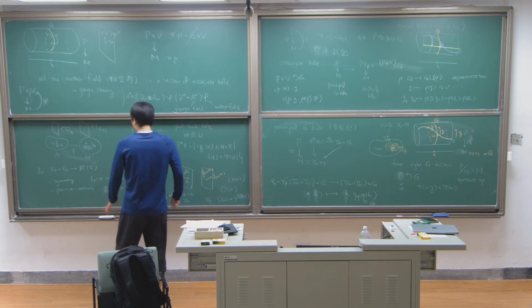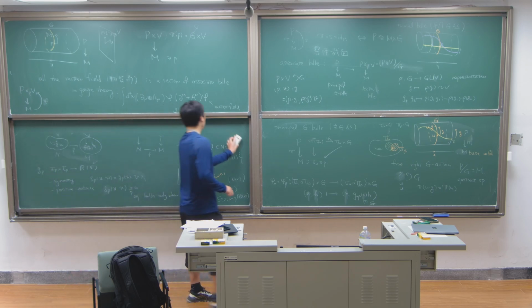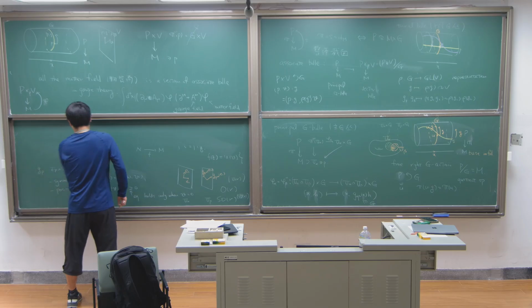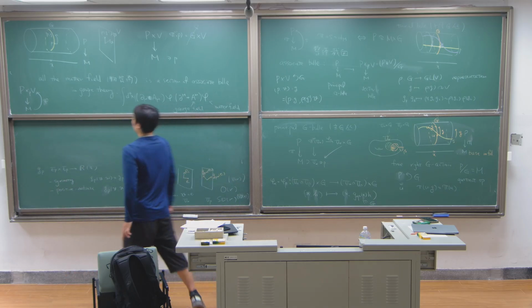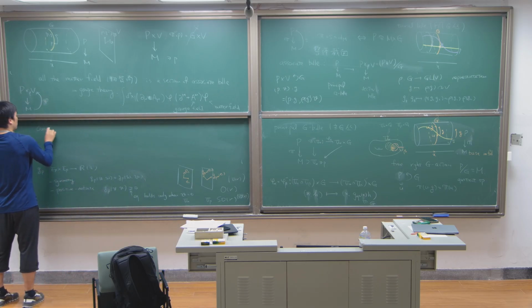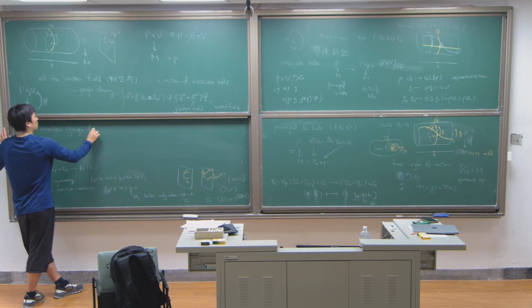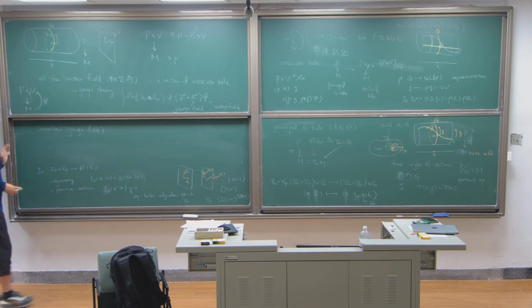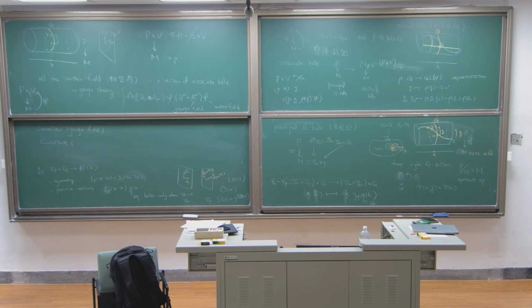For instance, you might have heard of it. Let me briefly mention. From now on, I'm going to introduce the connection, or gauge field, and then the curvature of the principal G bundle or vector bundle.